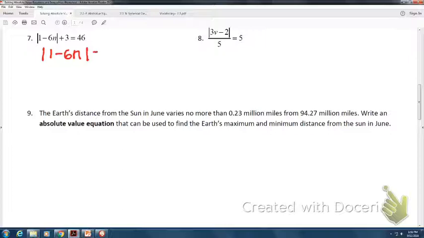So you're taking things away that are inside the absolute value. You said 3b minus 2 equals 25, and 3b minus 2 equals negative 25. The only time you add and subtract is if it's outside. What's in the absolute value stays in there until you set it equal.